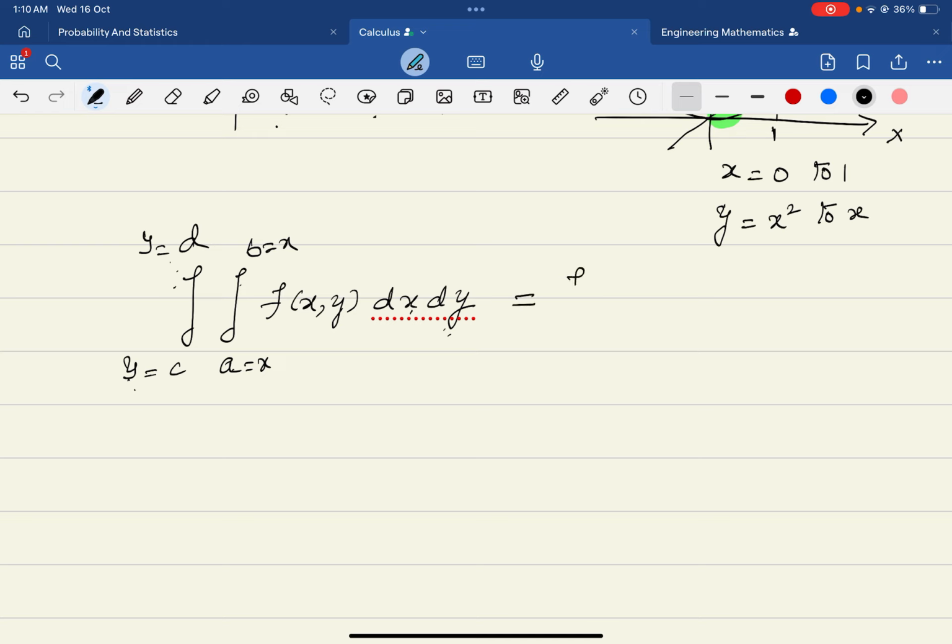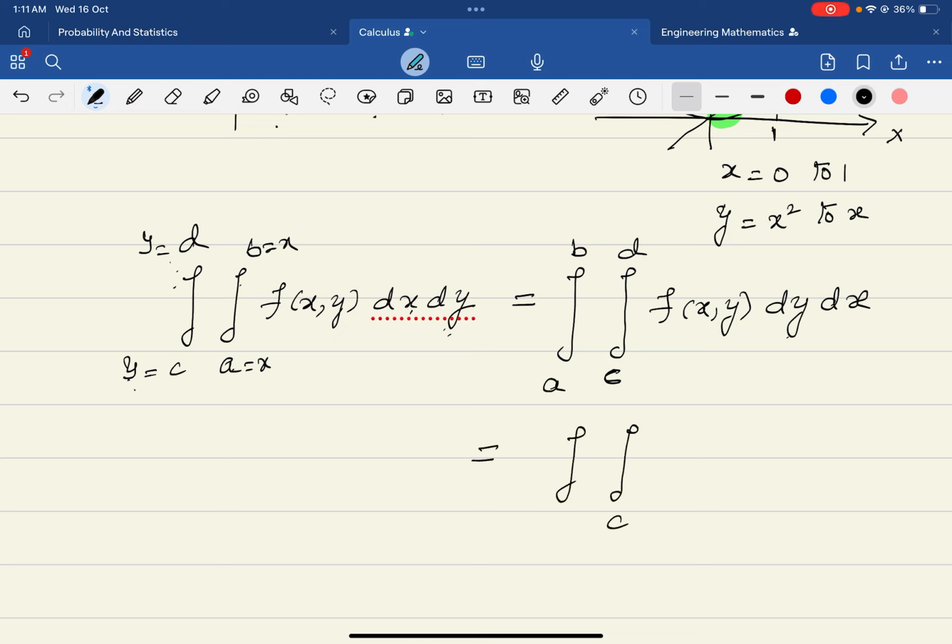The same way, if I change the order and write f of x comma y as dy dx, then the limits of y you have to write are from c to d, and x is from a to b. I hope you are able to understand. Now if I write this just like this, as c to d and a to b, with f of x comma y dx dy, then this is wrong.